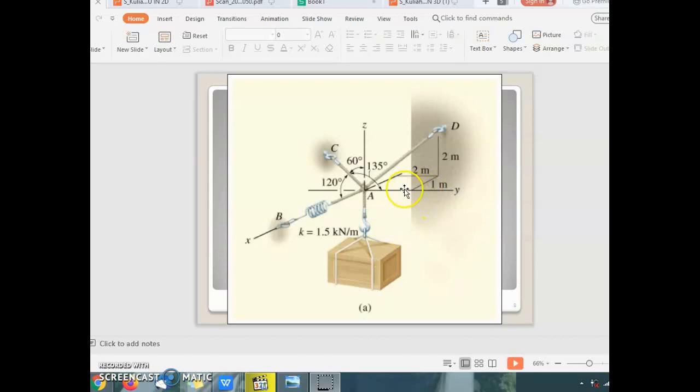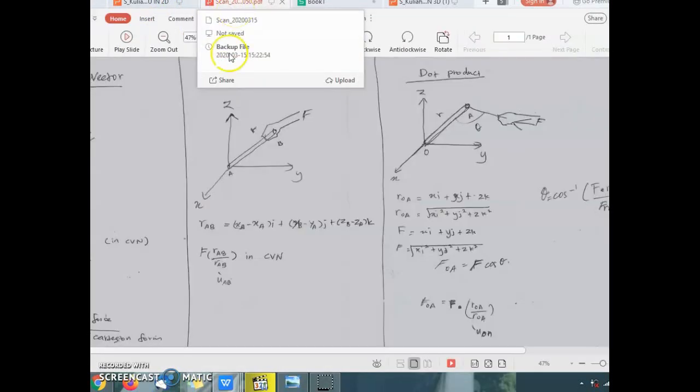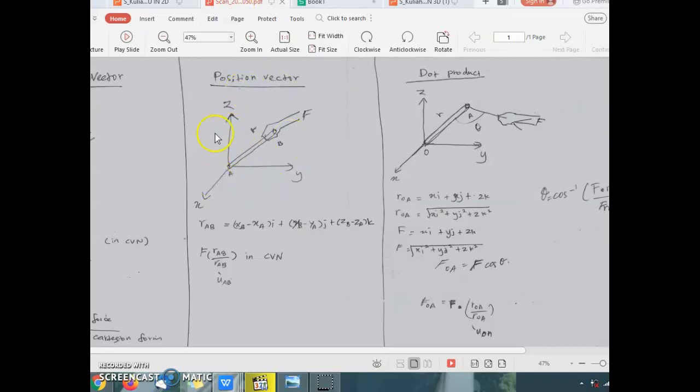For FD, we go back here. What is given is a coordinate system, so we need to use this method, the position vector, because in the position vector method the angle is not available.